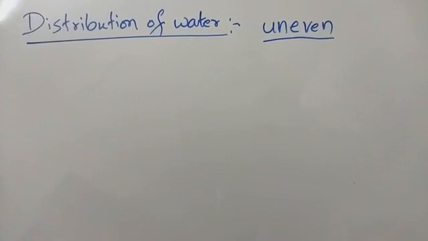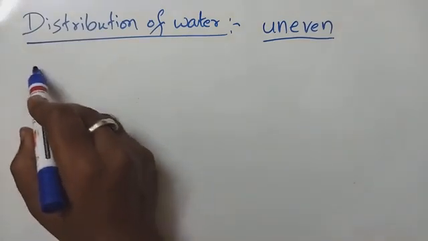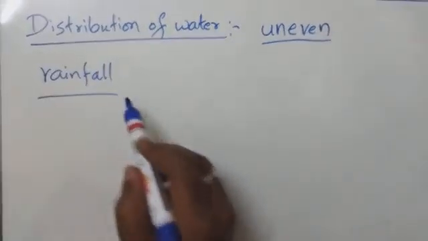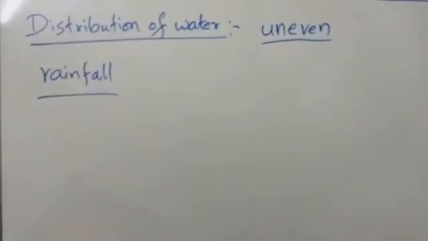And this uneven distribution of water is taking place because of some factors. What are those factors? Rainfall is one such factor. Some places have very good amount of rain.